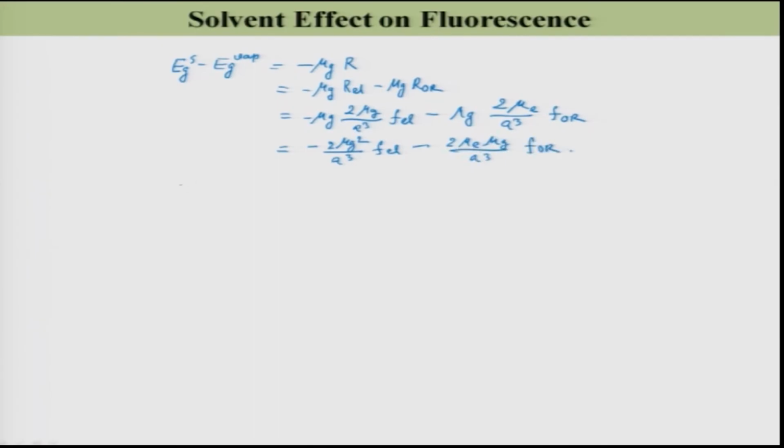So, I can get this EGS equal to EG vapor minus twice mu G square by A cube F EL minus twice mu E mu G by A cube F OR.